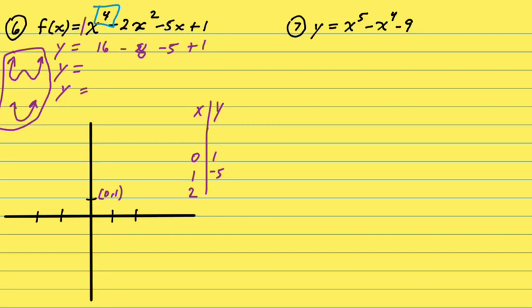That'd make that an 8. And if I put in a 2, that would make that minus 10. So let's make sure I put in a 2: 16, 8, 10. So I have 16 minus 18, which is negative 2, plus 1 is negative 1. So I think I had those points right.